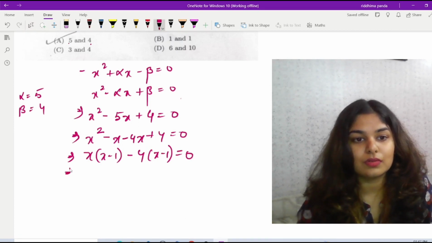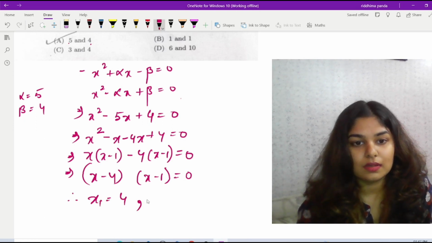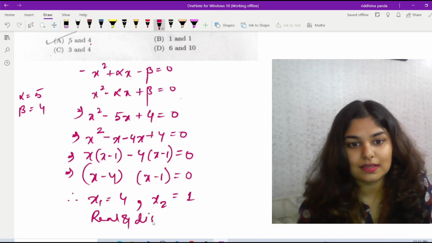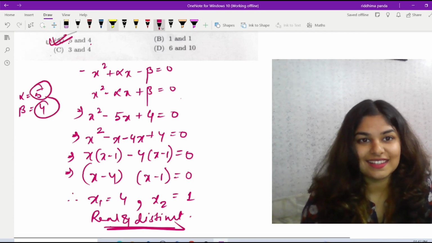So x minus 4 and x minus 1 is equal to 0. Therefore the roots are x1 is equal to 4 and x2 is equal to 1. So real and distinct. So we have got our answer, that is alpha is 5 and beta is 4. So the answer is A.